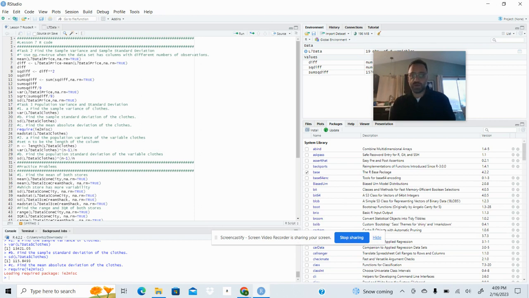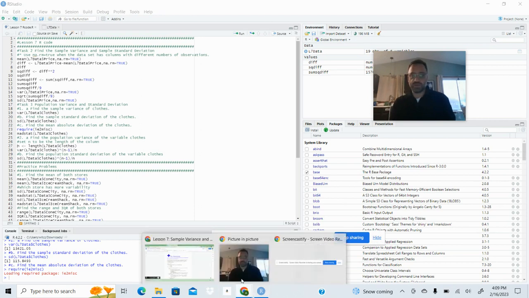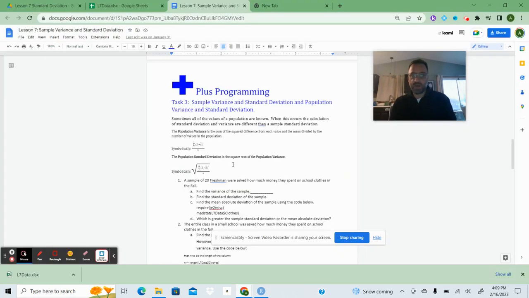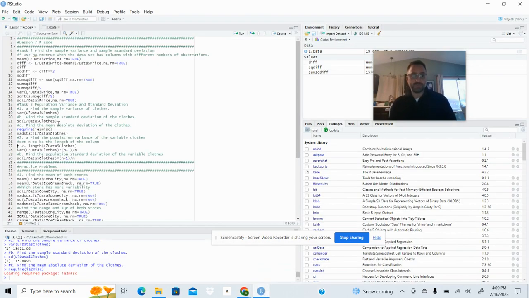So what I'm talking about here, let me go through this and show you a little bit better. So if we did a sample of 20 freshmen to find how much they spent on clothes, we could find the variance of the sample, the standard deviation, and the MAD stat. So that is the mean absolute deviation.